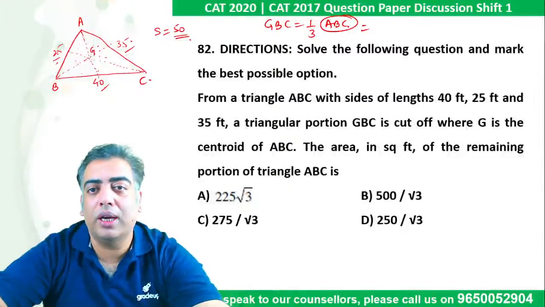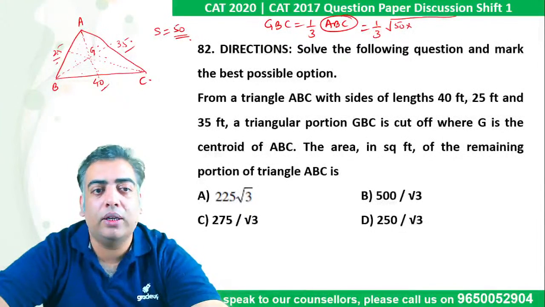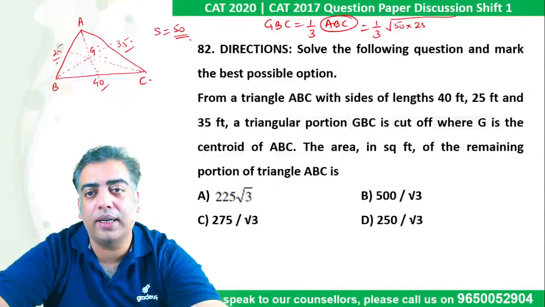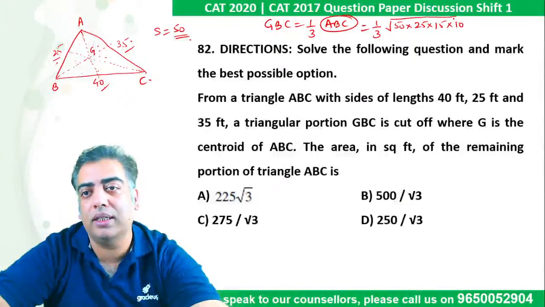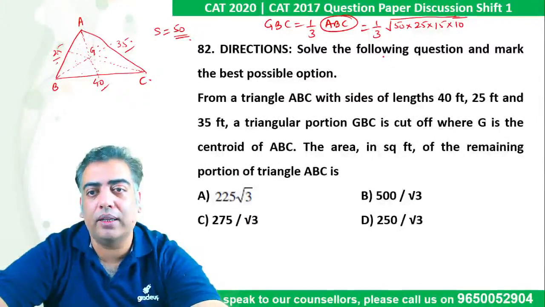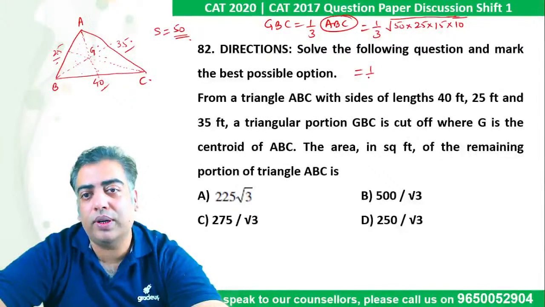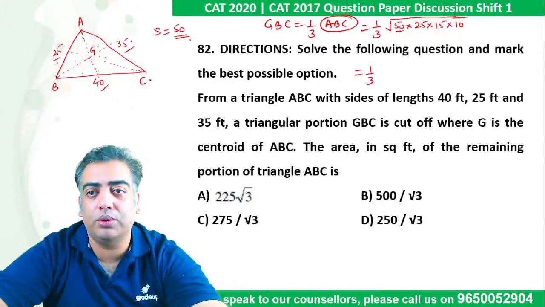Right? So I will take it here 1/3 into square root of S, which is 50, into S minus A, which is 25, S minus B is 15, and S minus C is 10. So we just need to simplify this part for our final answer. So it equals 1/3 into, so this 50 is 25 into 2.